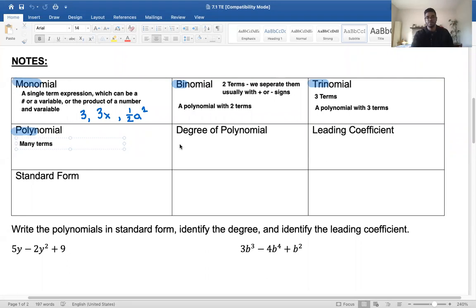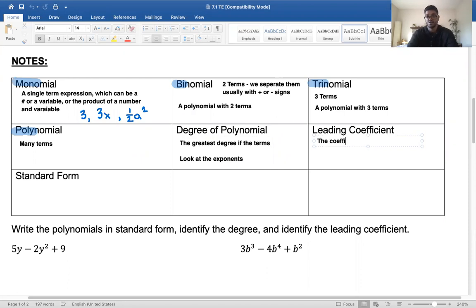The degree of your polynomial is going to be the greatest degree of all of its terms, which means the greatest exponent. So the leading coefficient is going to be the coefficient of the first term.